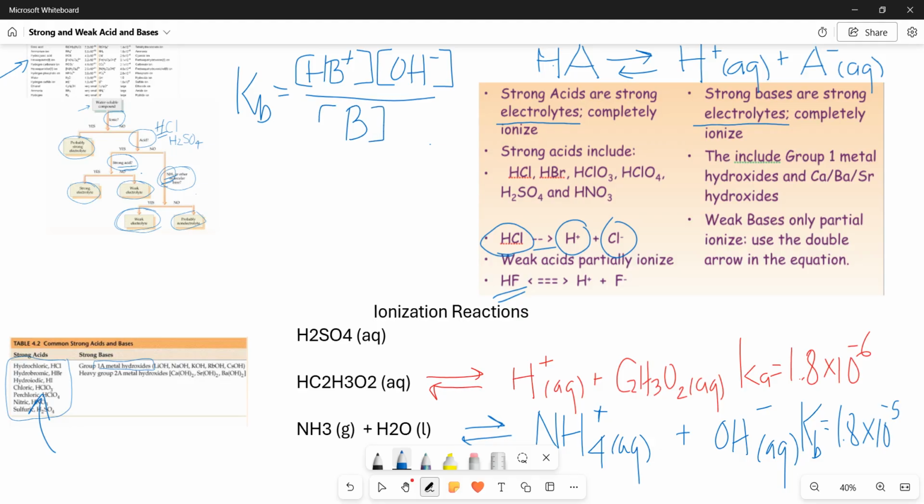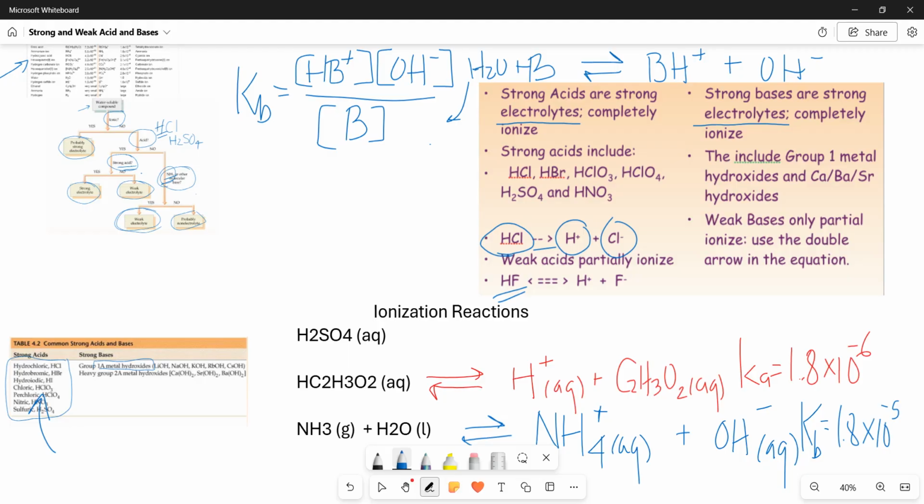This is a very generic equation because we use it to represent that generic base: a base in water is going to partially dissociate into BH plus and OH minus. It's assumed that there's water here, and we don't have water in the formula because it has a value of 1, so it just falls out of the equation. But the base is accepting a hydrogen from the water, and it leaves behind the OH.